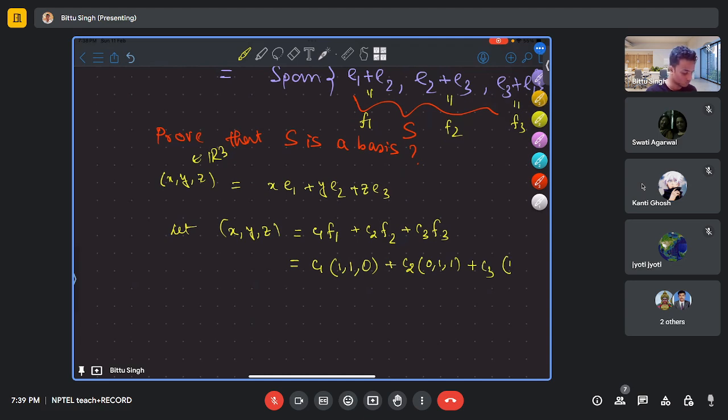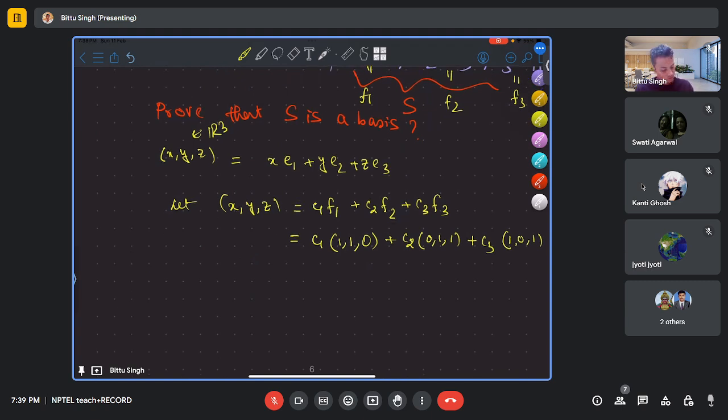F3 is (1, 0, 1). So this is (C1 plus C3, C1 plus C2, C2 plus C3).